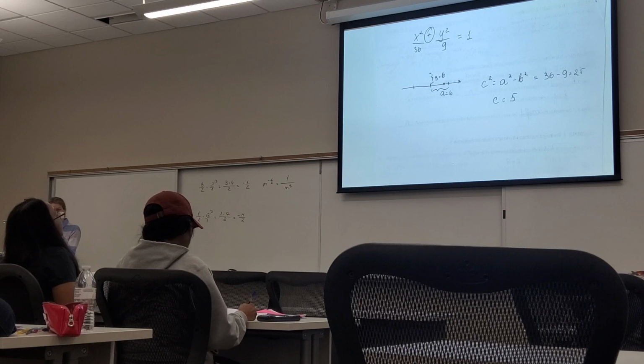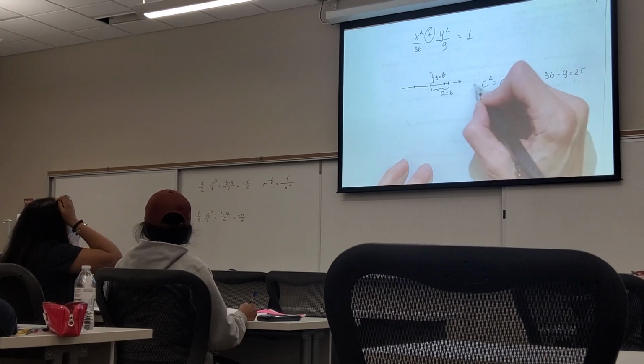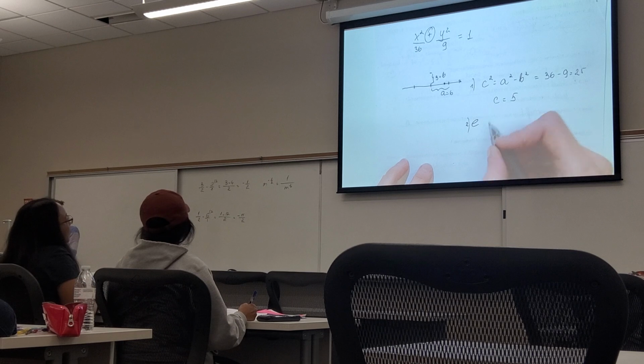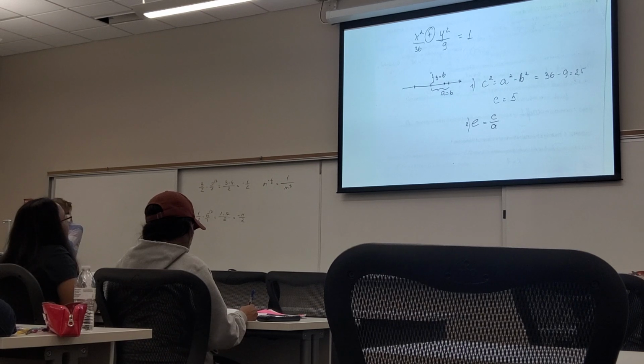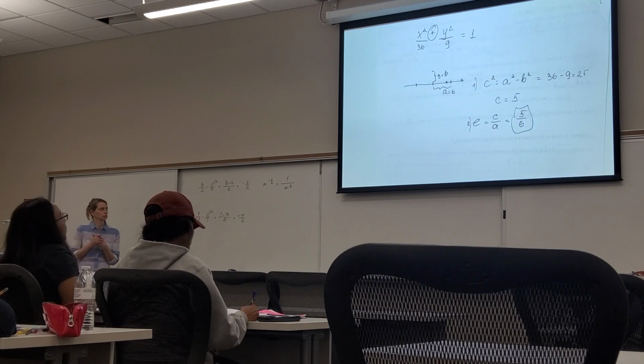We talk about distances, so I don't need to take a negative value, correct? So, eccentricity is going to be c divided by what? a, yes? And it would be 5 over what? 6, done. So you can put the answer.